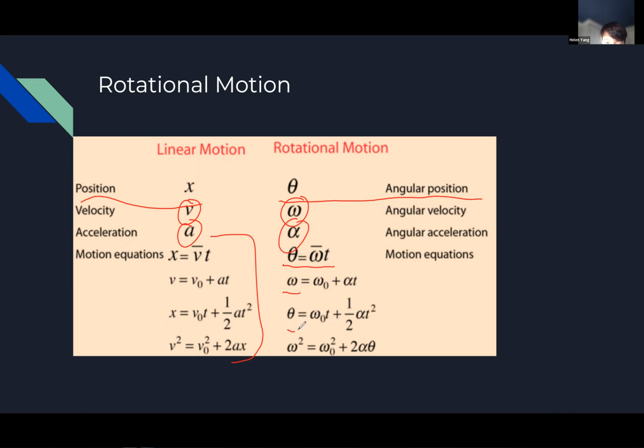And then angular position is equal to the initial angular velocity times time plus 1/2 angular acceleration times t squared. And the final angular velocity squared is equal to the initial angular velocity squared plus 2 times angular acceleration times the angular position.